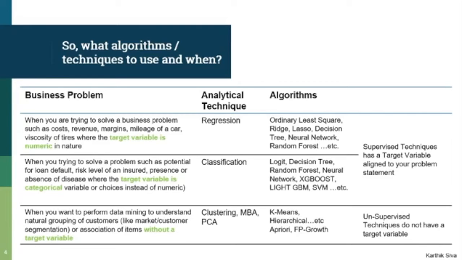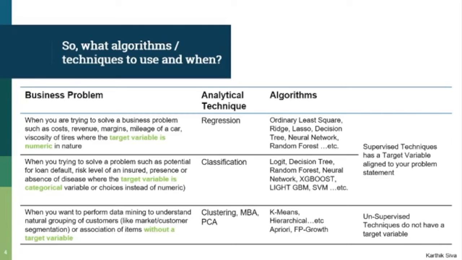Cost is basically the cost structure within an organization: what percentage of your revenue is cost? That number could theoretically be from minus infinity to plus infinity, but practically a more meaningful number based on your business is numeric in nature, continuous numeric.